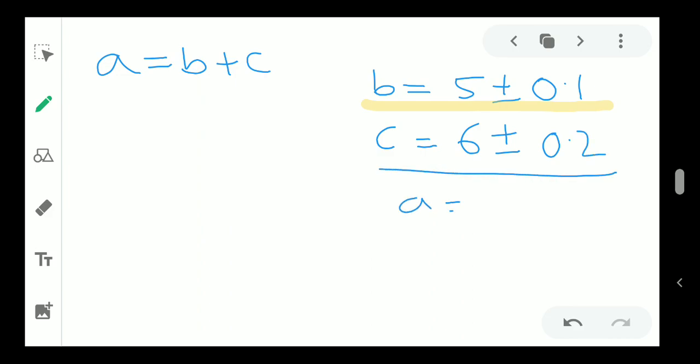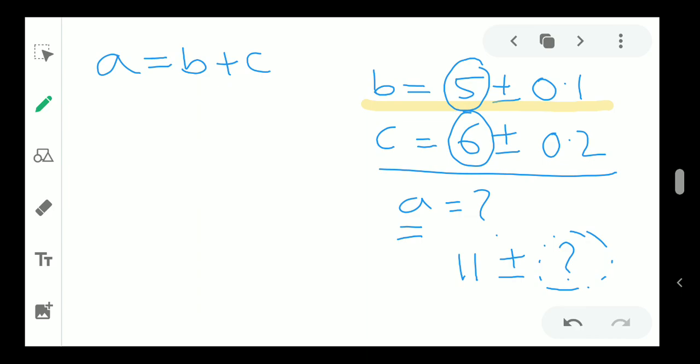You have to find what A is. We know that B plus C, these values will add up, which is very clear. So my value of A will be 11 plus minus, and here is a big question mark. We don't know the operation regarding these absolute errors, what will happen to them.